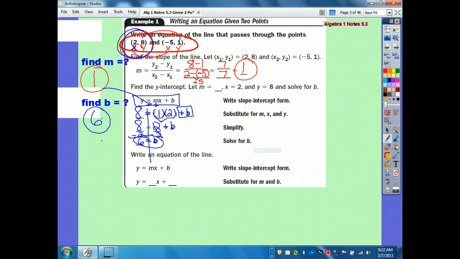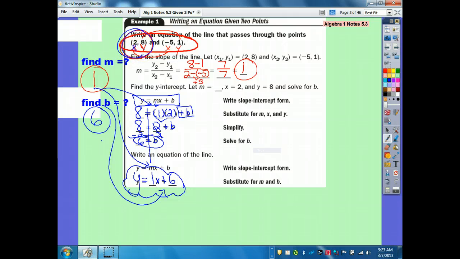My b is 6. We have one thing left to do, and that is write the equation. Y equals 2x plus... 1x. Good, not 2x. What's my m? Yep, 1x. And then my b, plus 6. There's my final equation. That is the equation that those two ordered pairs would go through.